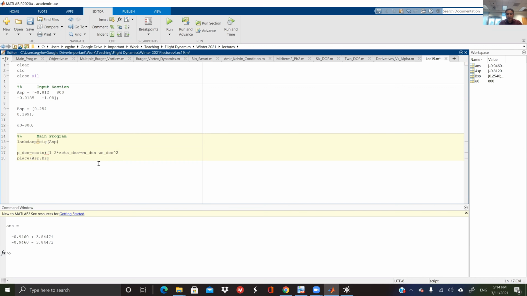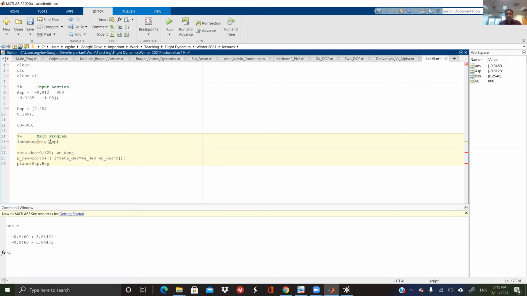So we need to define these. So let's define, zeta desired was given from the flying qualities table. It was 0.825, if I remember correctly. Omega n desired, we said we're going to maintain the same omega n as the short period. So omega n desired is simply the same as here.